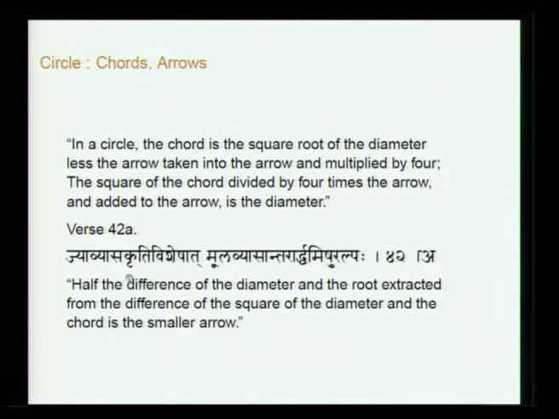And in the next verse he says Ja Vyasak Kruti Visheshat Mula Vyasantarardha Mishuhu Ishuhu Alpaha. Half the difference of the diameter and the root extracted from the difference of the square of the diameter and the chord is the smaller arrow.